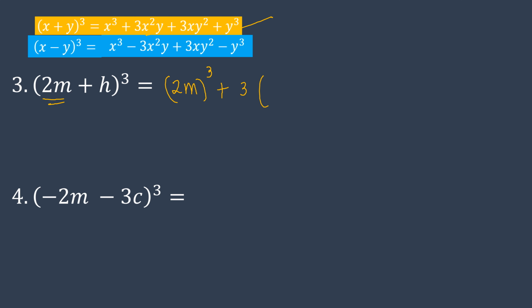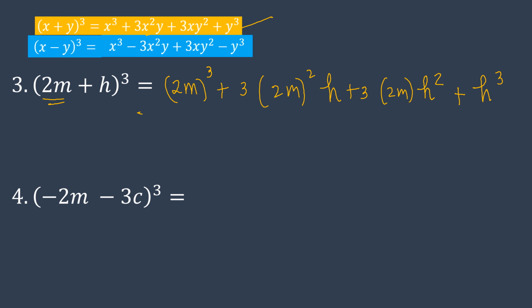Plus thrice of. We are done squaring the first. This time we will not square now, but we are to square our second term, which is h. Our second term is h. And then plus our last term is h. Thus we will cube it.